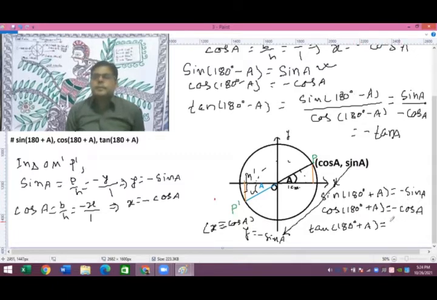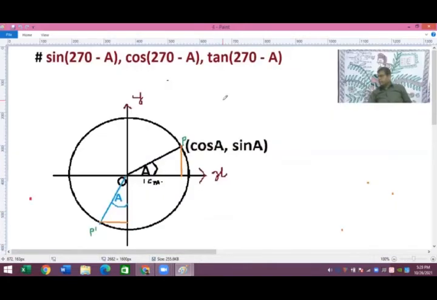So it is sine 180 plus A by cos 180 plus A, so it is minus sin A, and this is minus cos A, and the negative signs cancel each other, so that it is sin A by cos A, which is tan A. So you know that in the third quadrant tan is positive, that means cosine and sine are negative over here, and the same situation we have found here, because 180 degrees plus A lies in the third quadrant, and in the third quadrant we found sine as negative and also cosine as negative, but tan as positive.